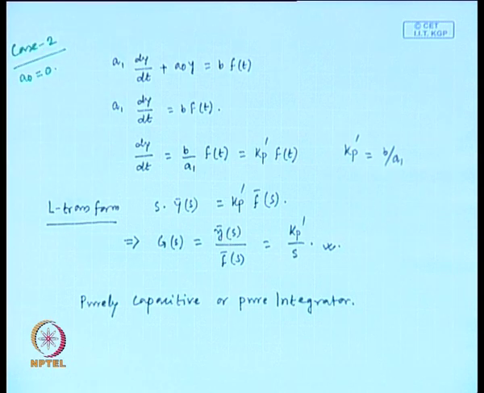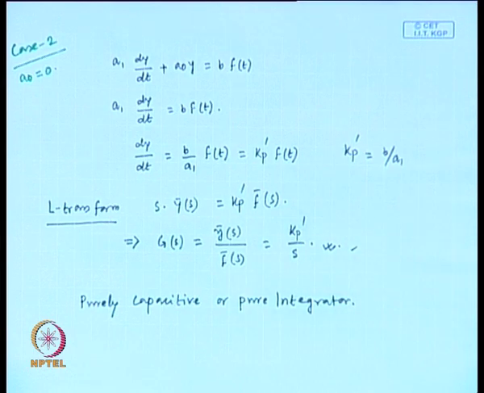For the example first order system with A naught equal to 0, we got the transfer function this, and this type of processes are called pure integrator. We will discuss with physical example what type of processes are called pure integrator process. Fine.